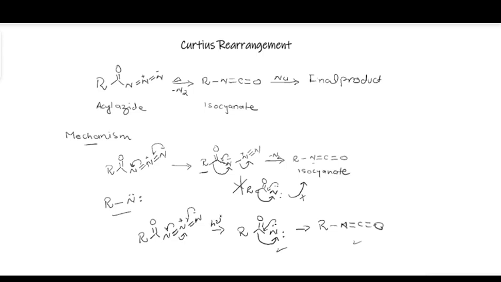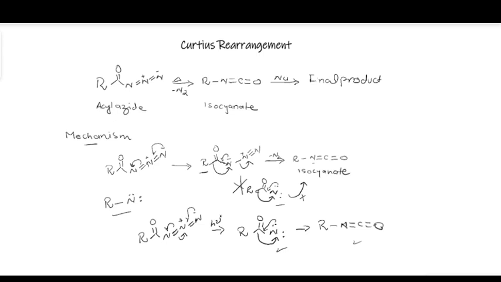Now, the experimental evidence for these two different types of reactions is that when the reaction is carried out under thermal conditions, there is no evidence of the formation of side products that actually originate from the nitrene intermediate. Like these nitrene intermediates can form different products, they can undergo insertion reactions or other types of reactions.